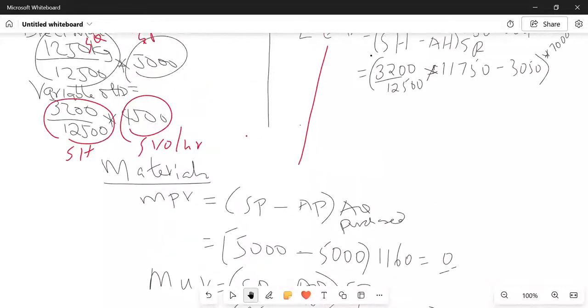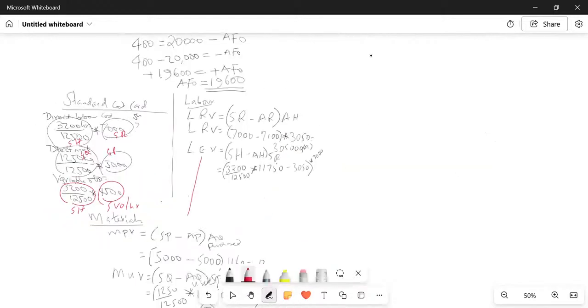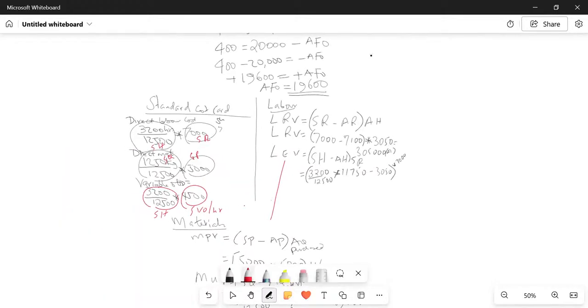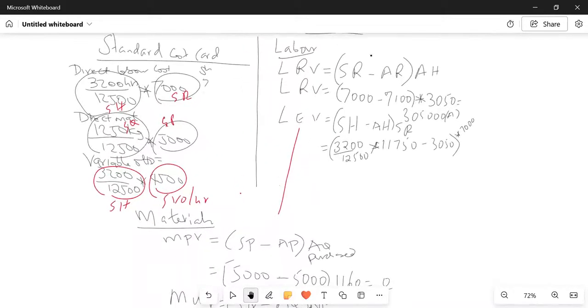They are here, these ones here. So these ones are the standard hours. That's 3,200 over 12,500.